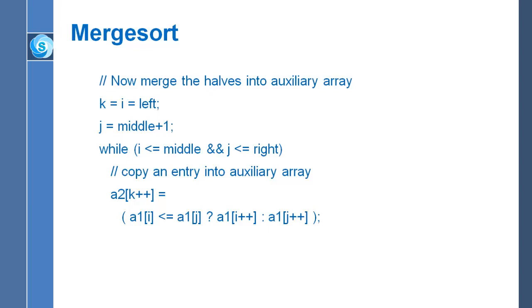Okay? As soon as I becomes bigger than middle, well, then it will have wandered outside the first half and into the second half. And if J becomes bigger than right, it will have wandered beyond the right half. Okay, so I think you get that. It's time to quit this loop when either of those things happen.